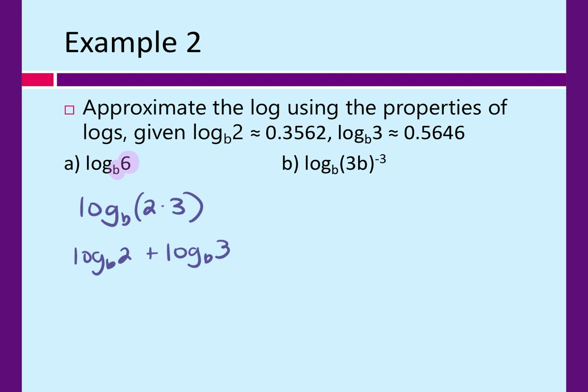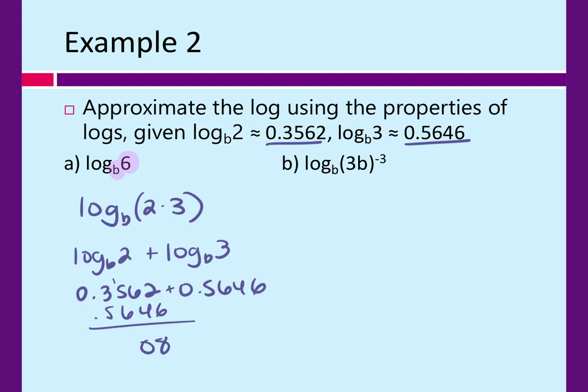Log base b of 2 plus log base b of 3. And then substitution says log base b of 2 is 0.3562 and log base b of 3 is 0.5646. And then we just add. So literally line them up and add them. 0.908.